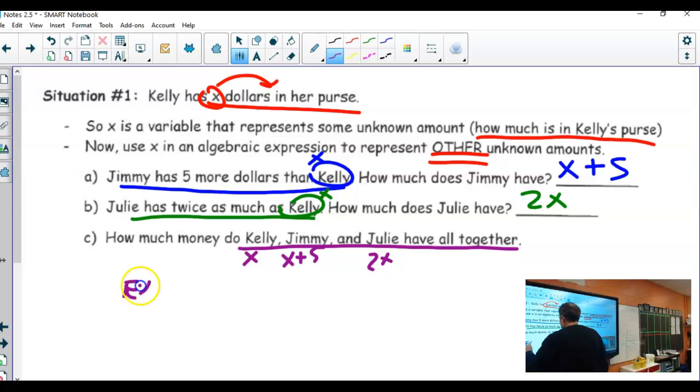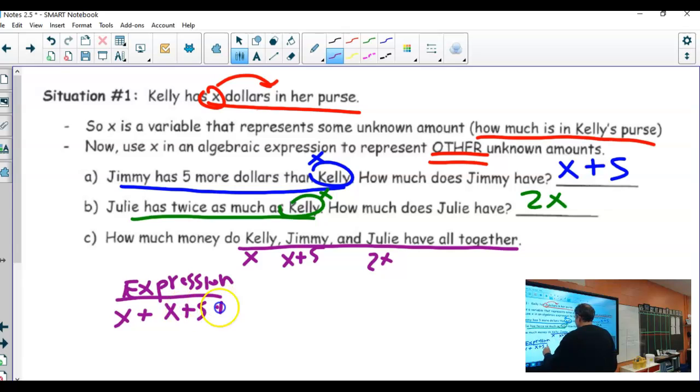My expression for how much they have all together would be X plus 5 plus 2X. All I did was add these 3 amounts together, and that would be how much they have all together.